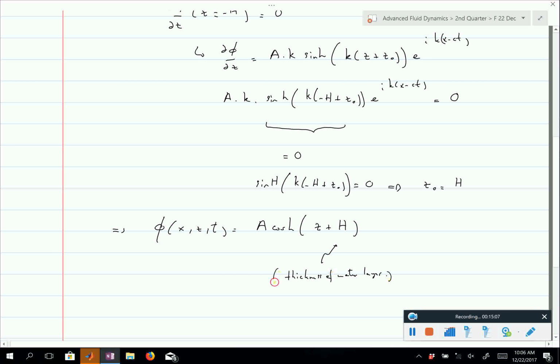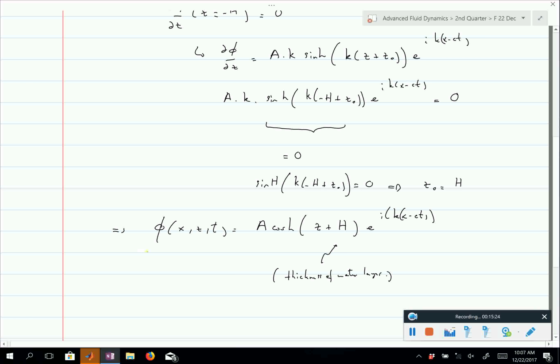I say water layer, but you could be talking about the whole ocean, so h could be very large. Okay, so this is what we have.